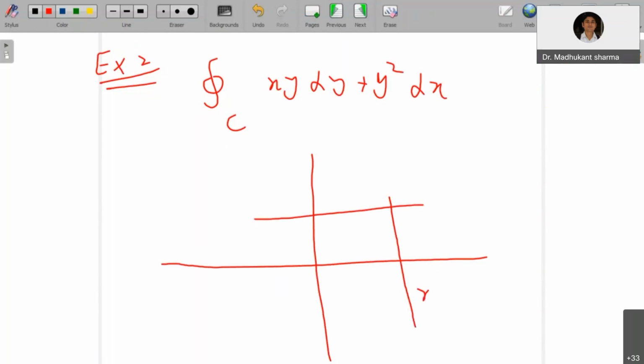This is the square cut, positively oriented. Let's take the points O, A, B, and C.